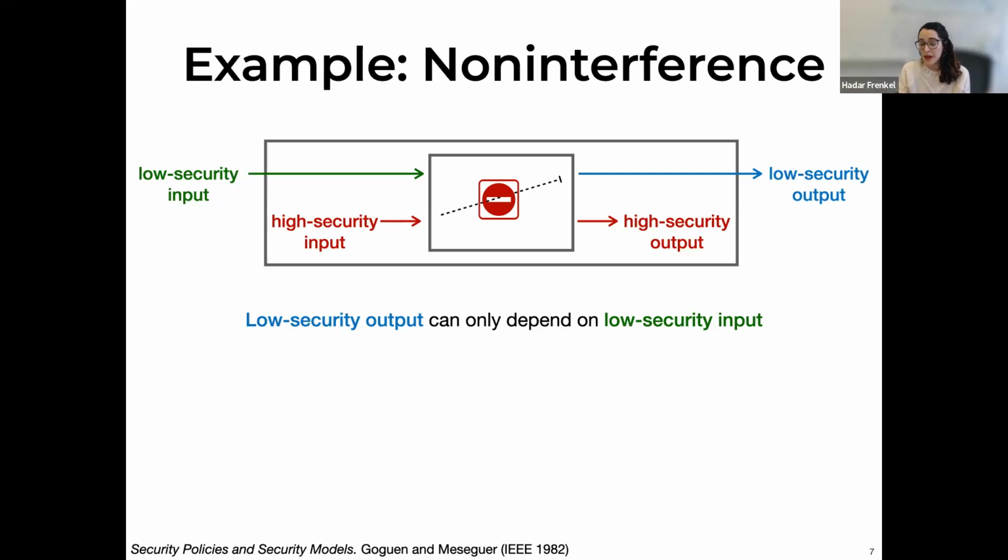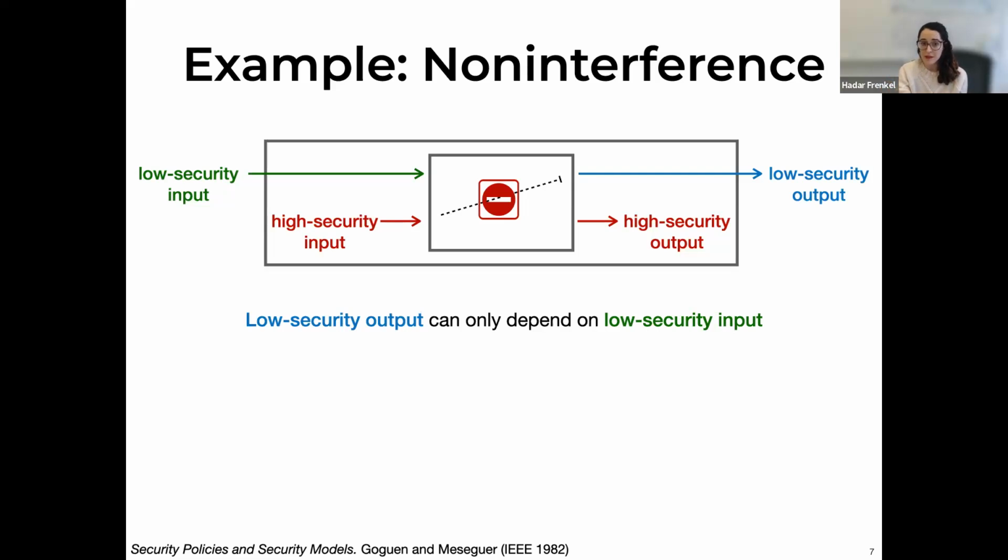So what we actually want to say is that the low security outputs can only depend on low security inputs and not on high security inputs. And this property we cannot reason about if we look at each execution trace separately. So we have to compare different executions of the system in order to make sure that this property holds.